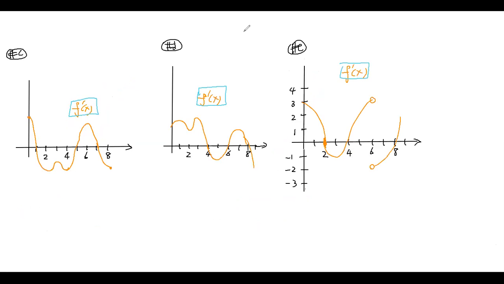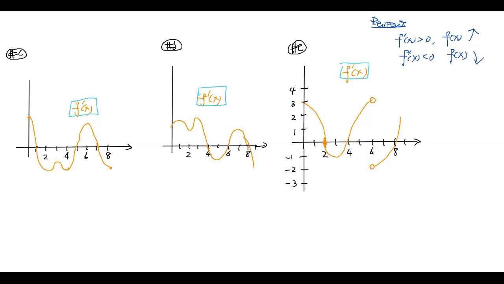So remember during our reviews, let me write it here again, just in case you did not take the note. We say if f prime x is greater than 0, then f of x is increasing. If f prime x is less than 0, then f of x is decreasing here.